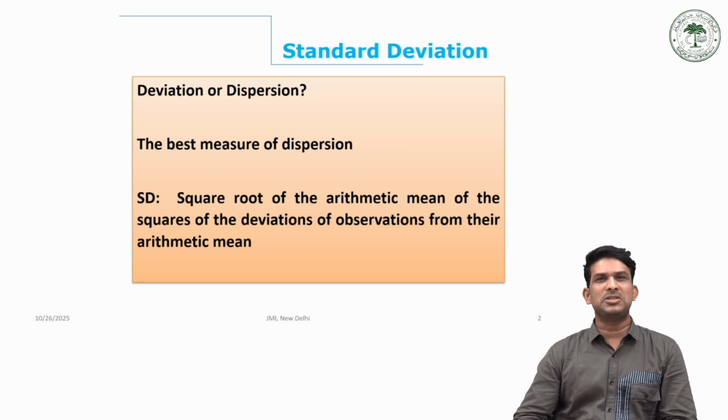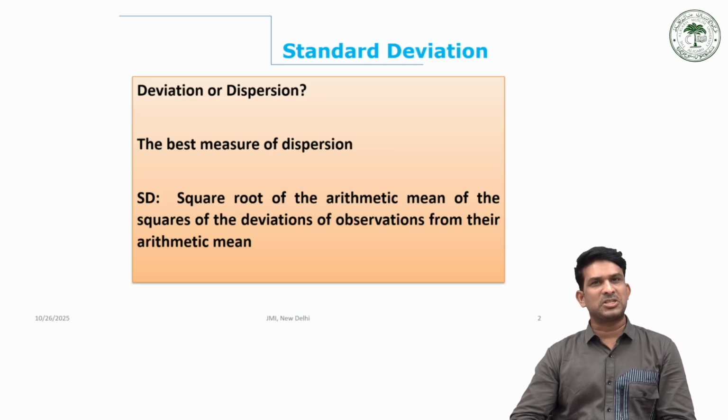You must have listened to the previous lecture that talks about what is standard deviation. It is one of the measures of dispersion, right? It is considered as the best measure of dispersion. Why is it considered the best measure of dispersion? Because it is used for all the other statistical calculations, for further statistical calculations.